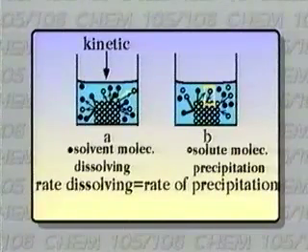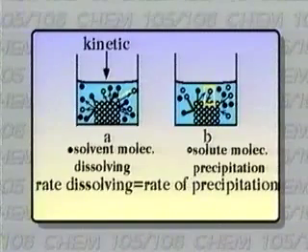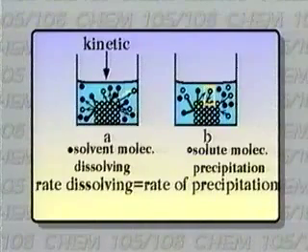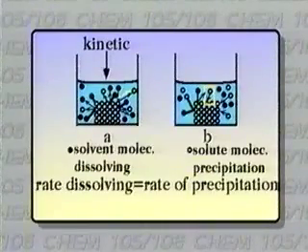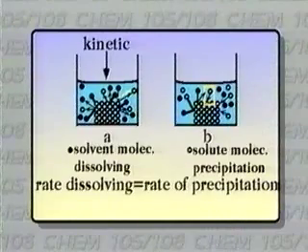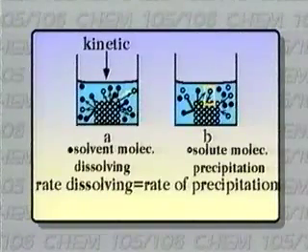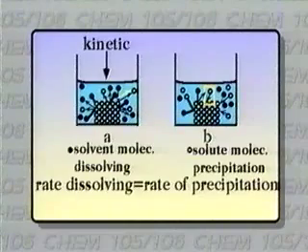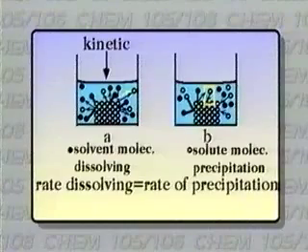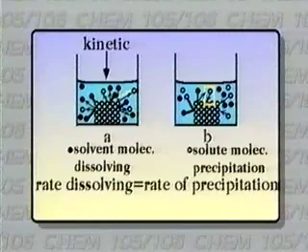In other words, the molecules of solute that are leaving the surface have become equal to the rate at which they're going back out of the solution. After that point is reached, basically no more solute would appear to be dissolving. We've reached the maximum sweetness. We have reached the maximum color intensity. We've reached whatever maximum property we're going to have at that point.